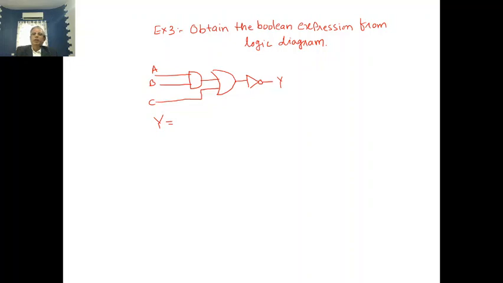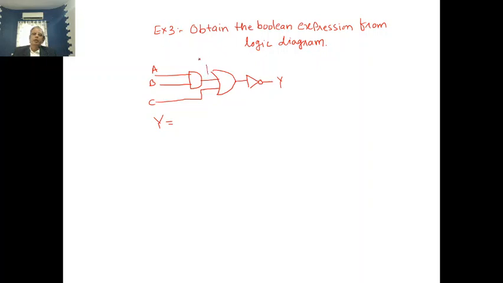Then obtain the Boolean expression from this logical diagram. Means this logical diagram is given and you have to find out what is the Boolean expression for this. This is the output y in terms of the variables a, b, c.